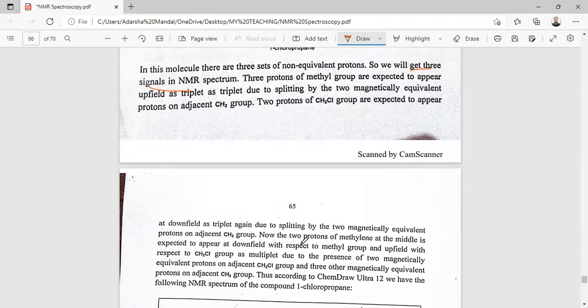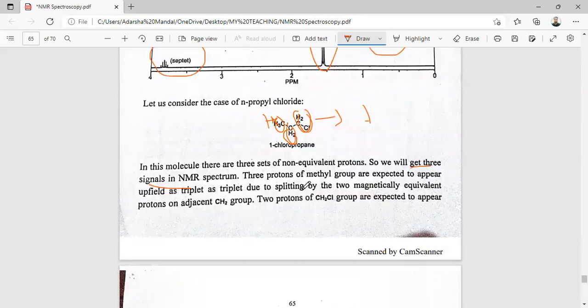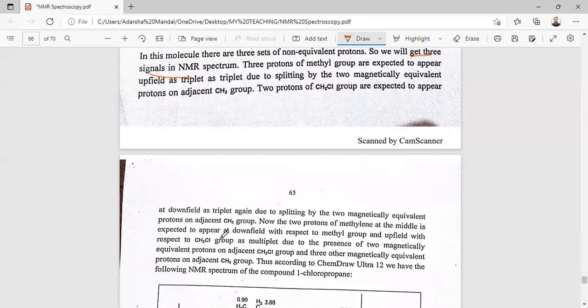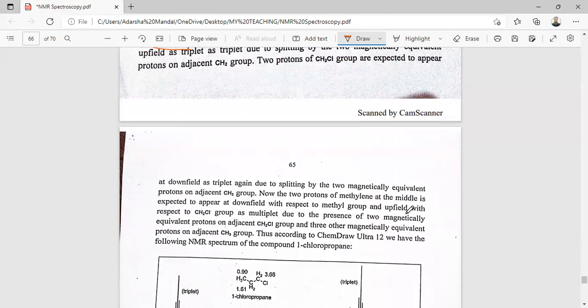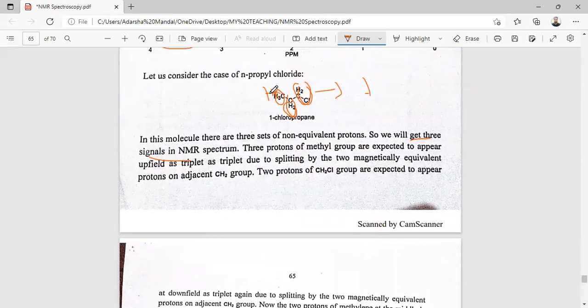Now the two protons of the methylene group in the middle are expected to appear downfield with respect to the methyl group and upfield with respect to the CH2Cl group, as a multiplet, in the presence of two magnetically equivalent protons on the adjacent CH2Cl and three magnetically equivalent protons of the CH3. So the CH3 comes as a triplet due to its neighboring CH2, and the CH2Cl comes as a triplet due to its neighboring CH2, but the middle CH2 group splits according to both the CH3 and the other CH2, so it comes as a multiplet.